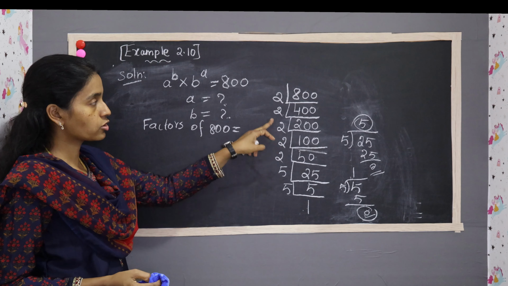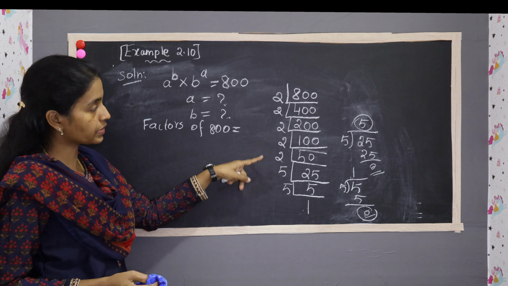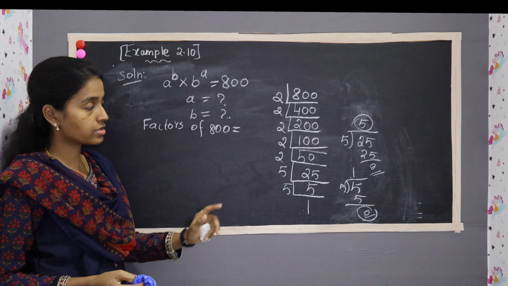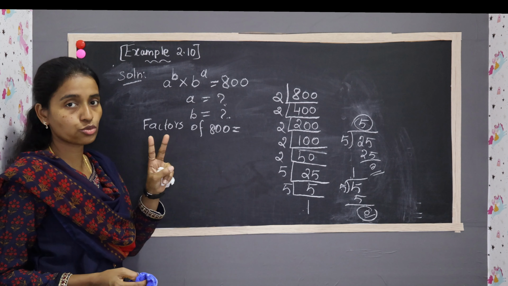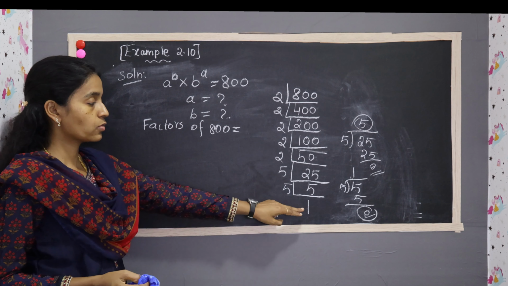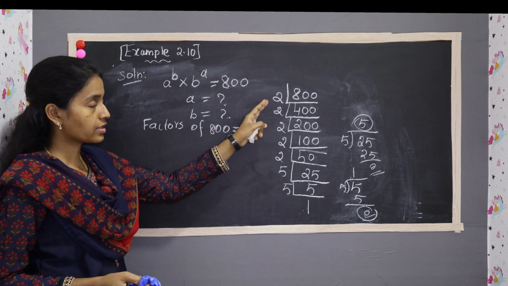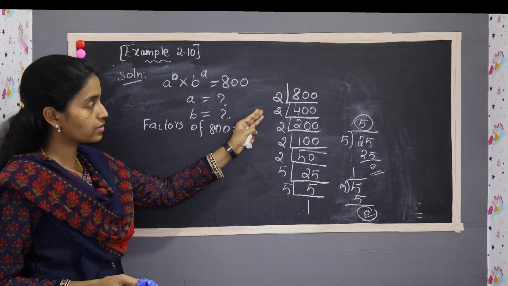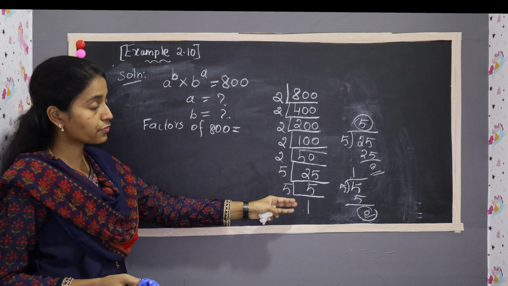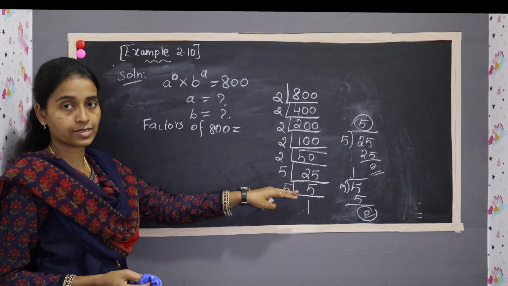Here number 2 appears 5 times. Number 5 appears 2 times. 1 is also there, but we are considering only these. If we take 1 also, the answer would be the same.